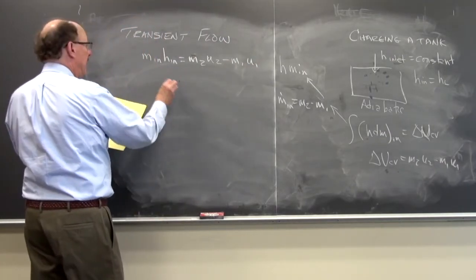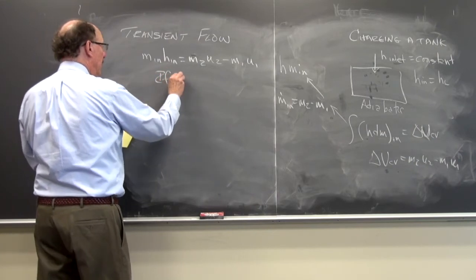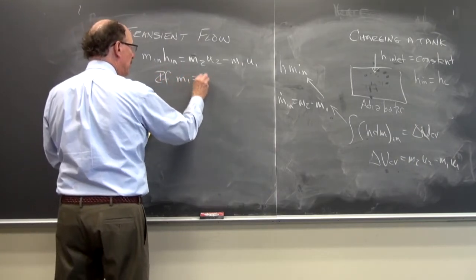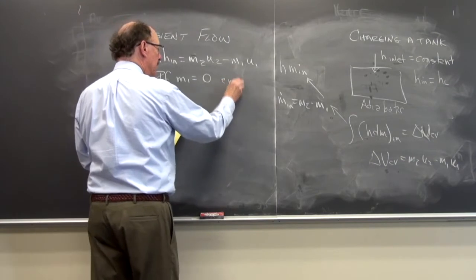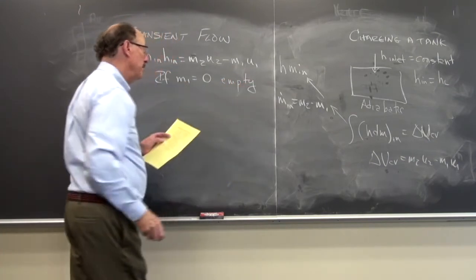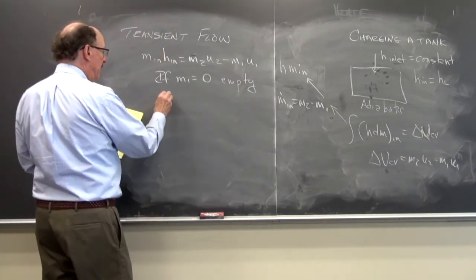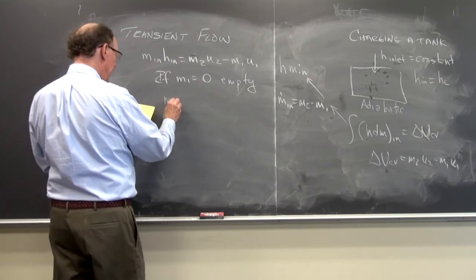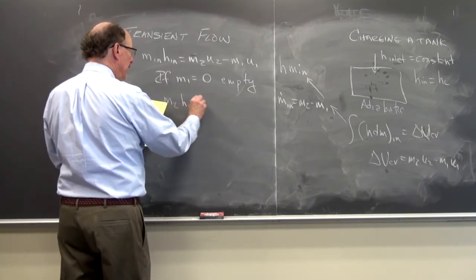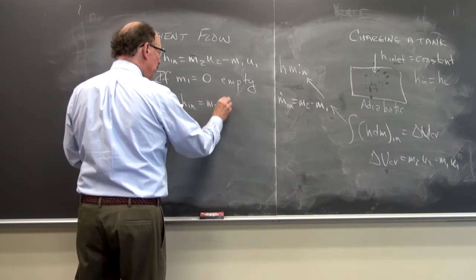We have that. If M1 equals 0, if it's empty initially, then I'll have M2 Hn is equal to M2 U2.